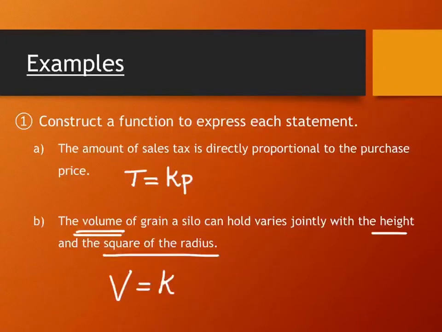And it varies jointly would mean that it's going to be 2 direct variations. Jointly with the height, which is H, and the square of the radius, and the radius would be R squared. Be really careful that you're looking carefully whether it says square or square root, because sometimes people get those backwards just because they're looking too quickly. So our volume will equal kHR squared.